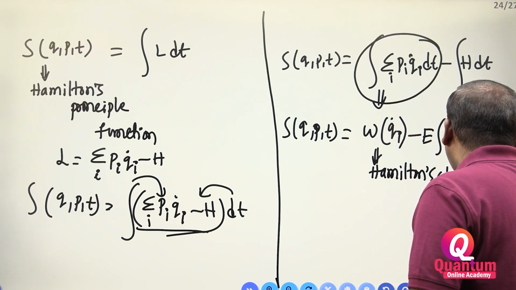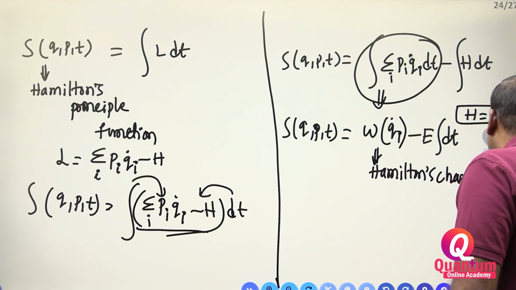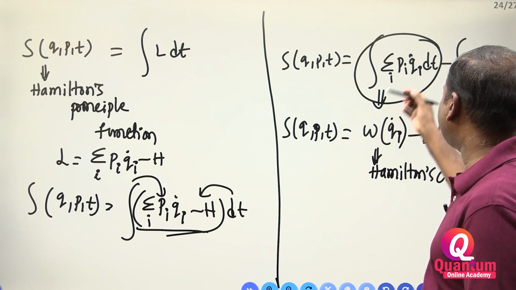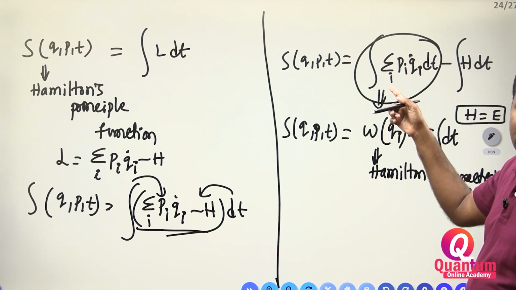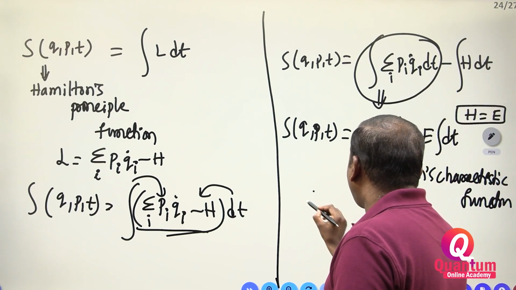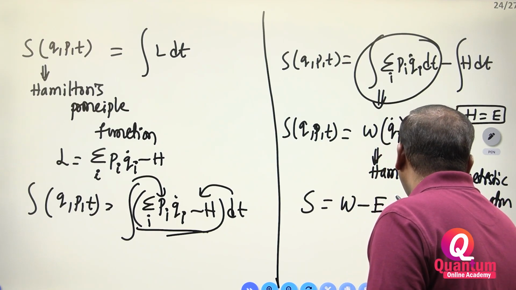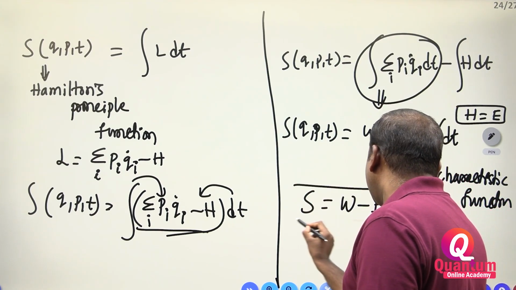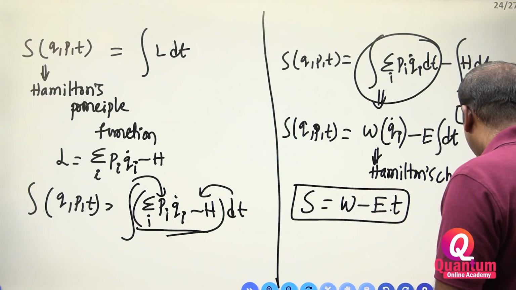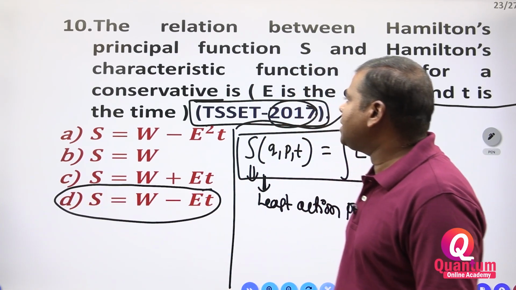Hamilton's characteristic function, W of Qi, is equal to the integral of the summation over i of Pi Qi dot dt. Therefore, S is equal to W minus E into t.